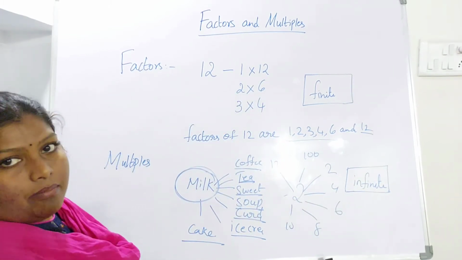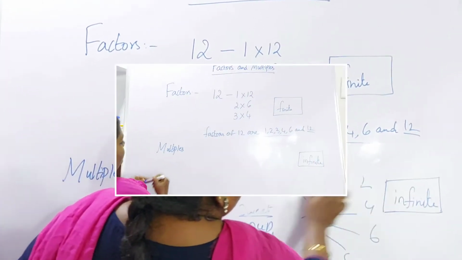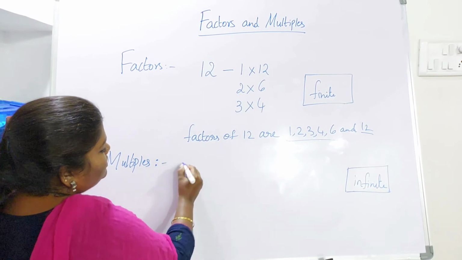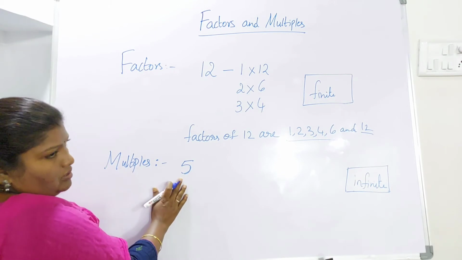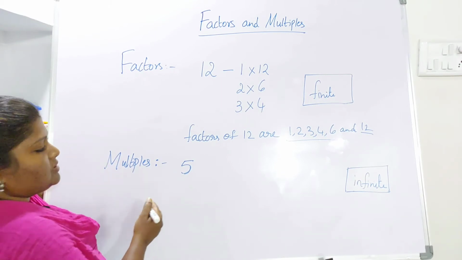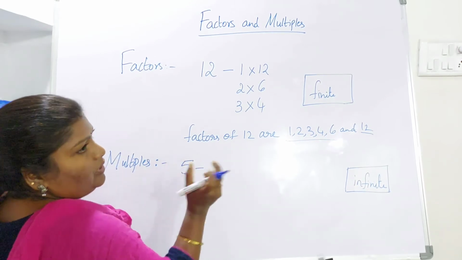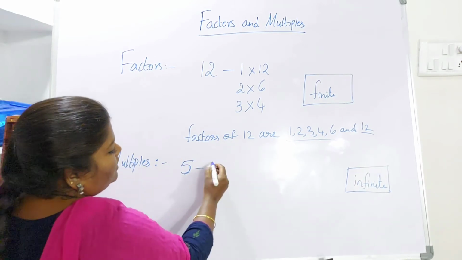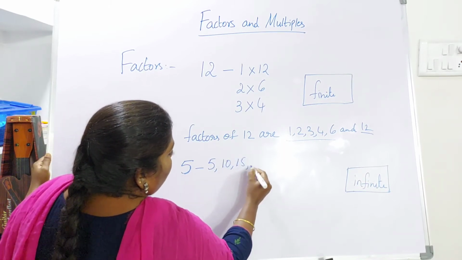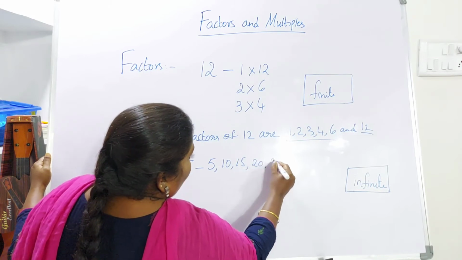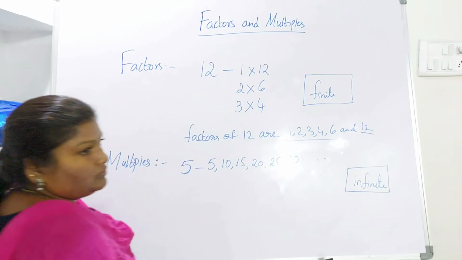Let me give an example. Multiples of 5. You take a number and multiply it with the natural numbers. I'm not writing the whole term, only the product. 5 ones is 5, 5 twos is 10, 5 threes is 15, 5 fours 20, 5 fives 25, 5 sixes is 30, and so on.